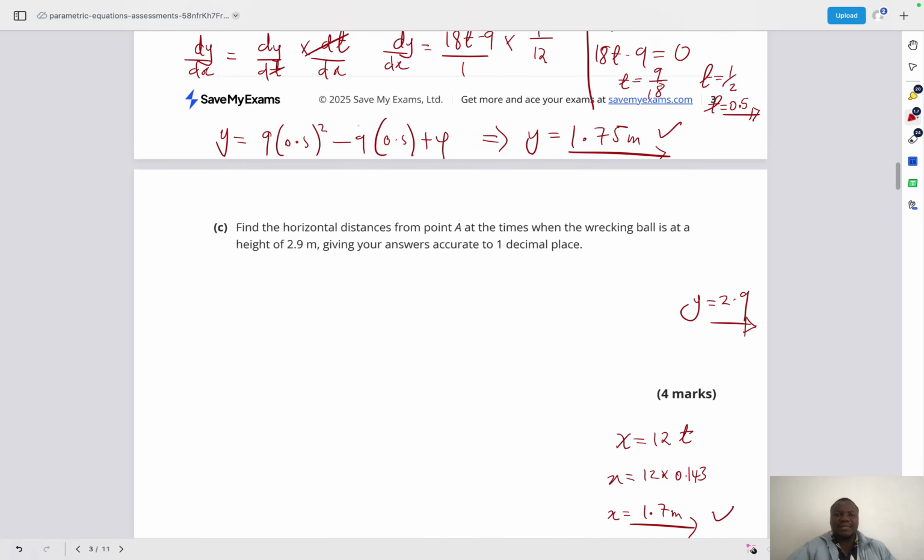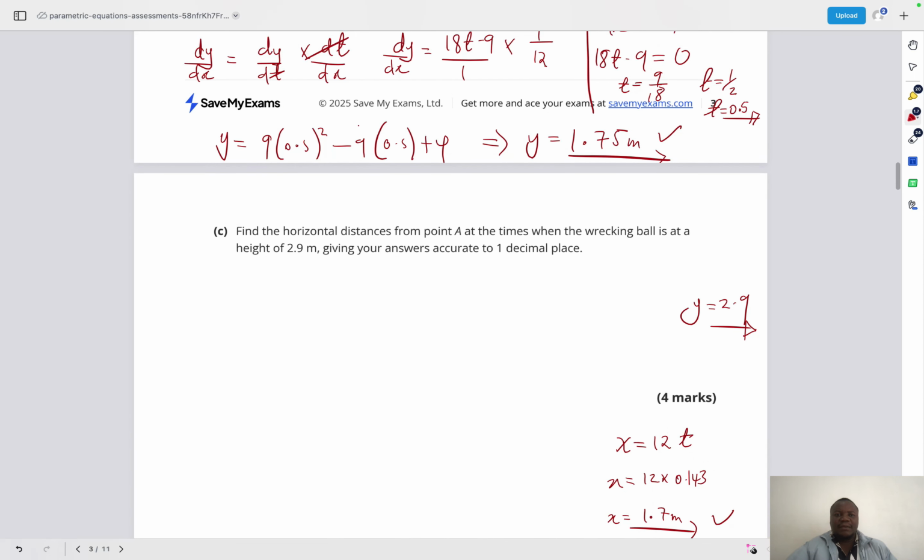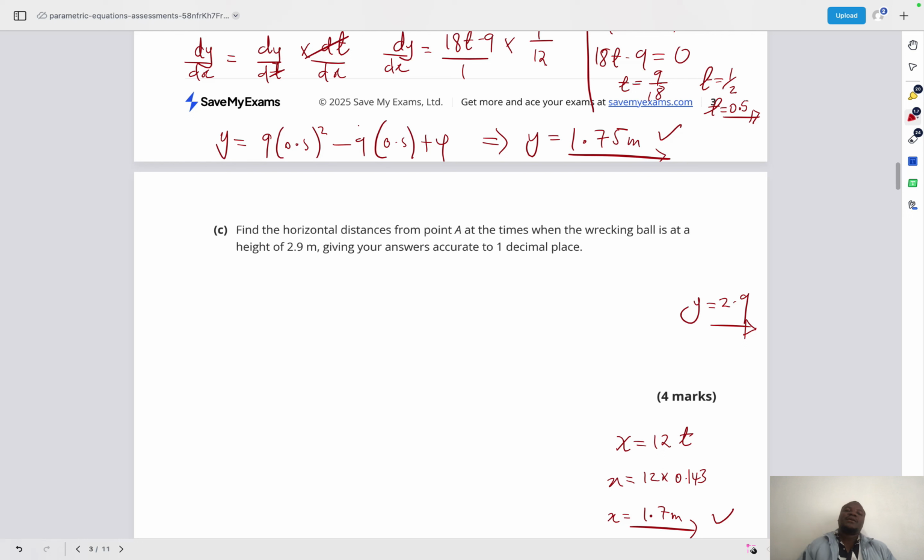And then there's part C, where they are saying find the horizontal distances from point A at the times when the wrecking ball is at a height of 2.9 meters, giving your answer accurate to 1 decimal place. If you look at the diagram, we're actually working with the height in y.